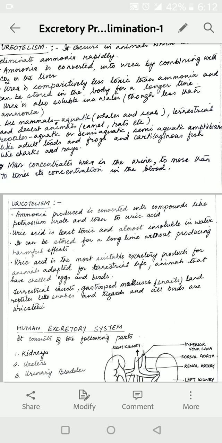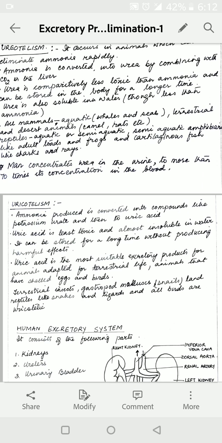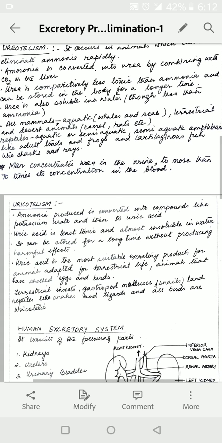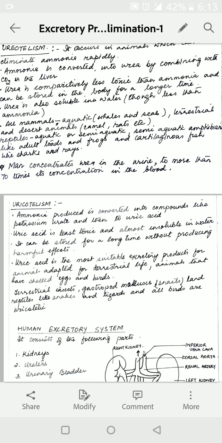And in the case of birds, birds do not have a urinary bladder, and the urine passes out by way of ureters. Uric acid being insoluble, the water is almost completely reabsorbed from it, and uric acid and the solid excretory waste, that is the fecal matter, are discharged together from the cloaca as a semi-solid paste.